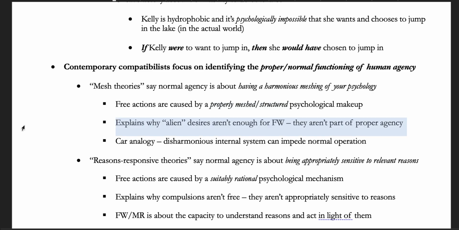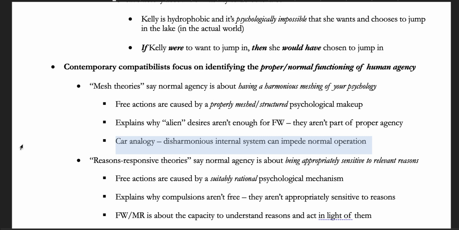And this will help to explain why certain desires are alien, for instance, like an addict who has a really strong craving to use, but maybe they really don't want to have that craving. This kind of view is going to help us explain why those alien desires aren't really part of the person's proper psychology, like who they are or whatever.